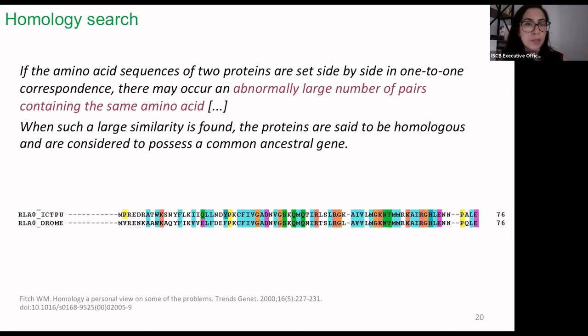What we do know how to use is sequence similarity. So these very early works before 2000, this is a review, determined that you can know by the sequence if two sequences are homologous or not, because whenever you find an abnormally large number of amino acids that can be aligned, then you can make the hypothesis of homology.